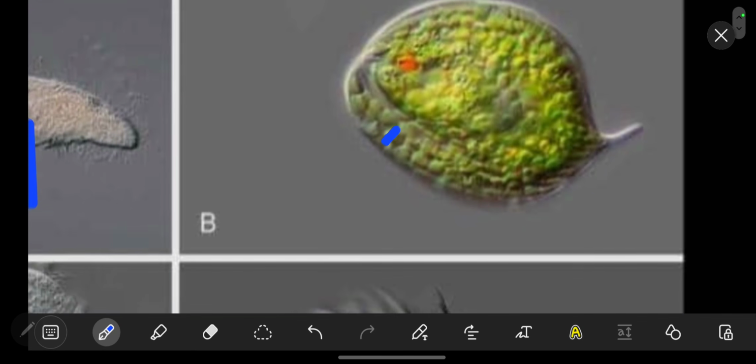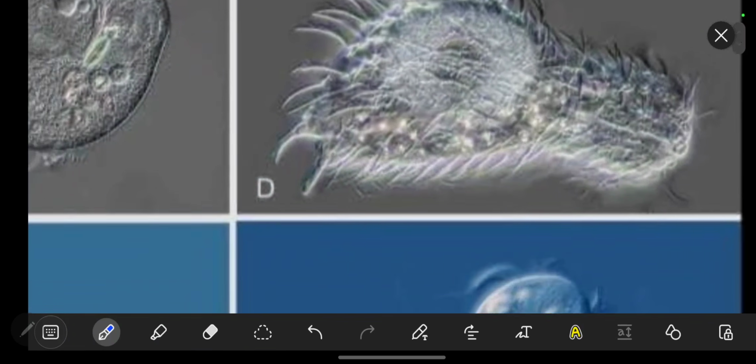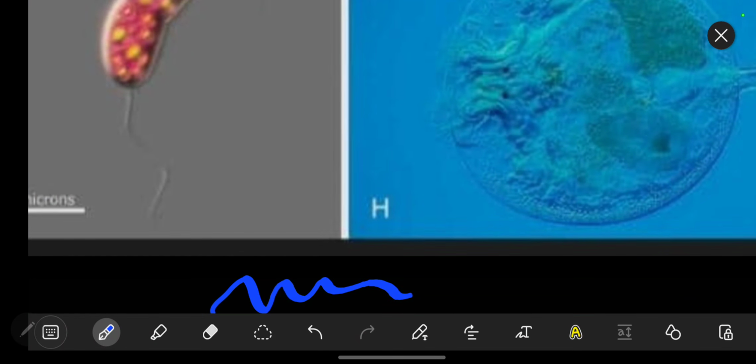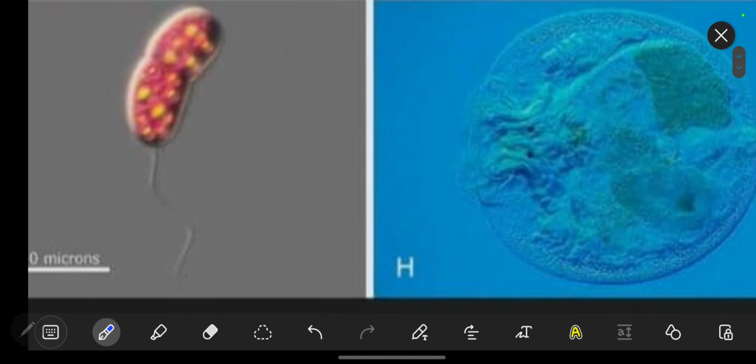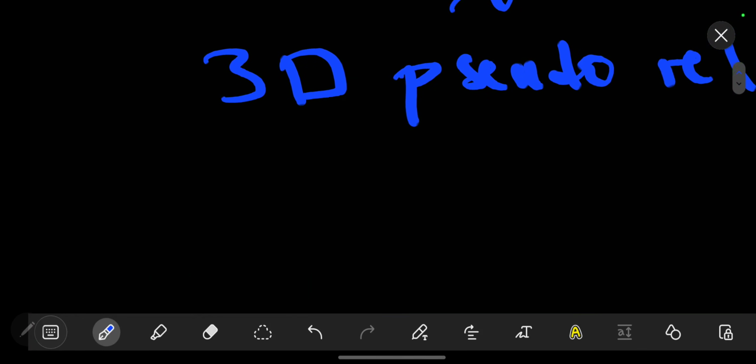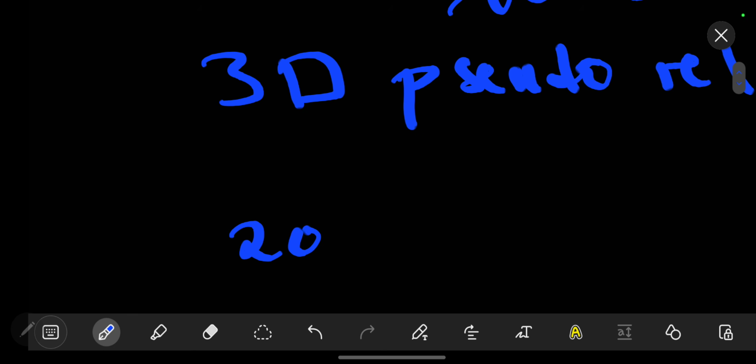DIC can be used to view living specimens, and there is no need for you to stain, since it is able to create the contrast that you need. The resolution is about 200 nanometers.